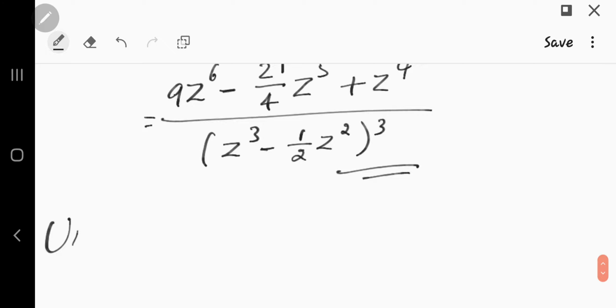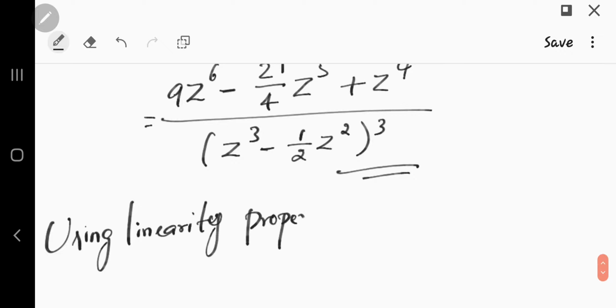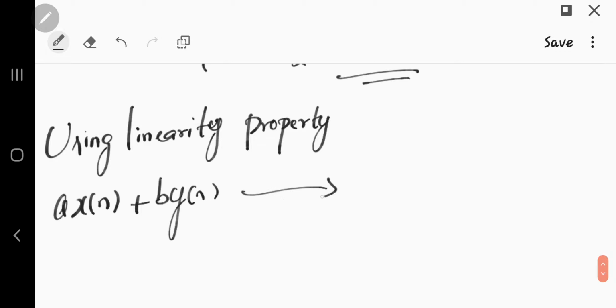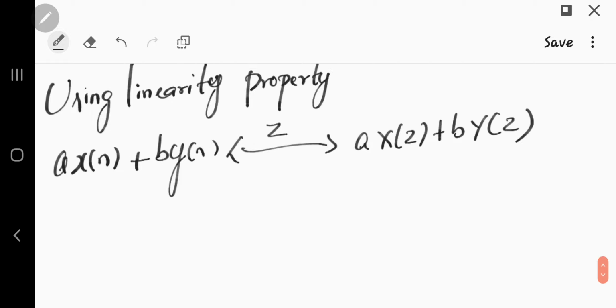And finally, using linearity property, a x of n plus b y of n should give a X of z plus b Y of z.